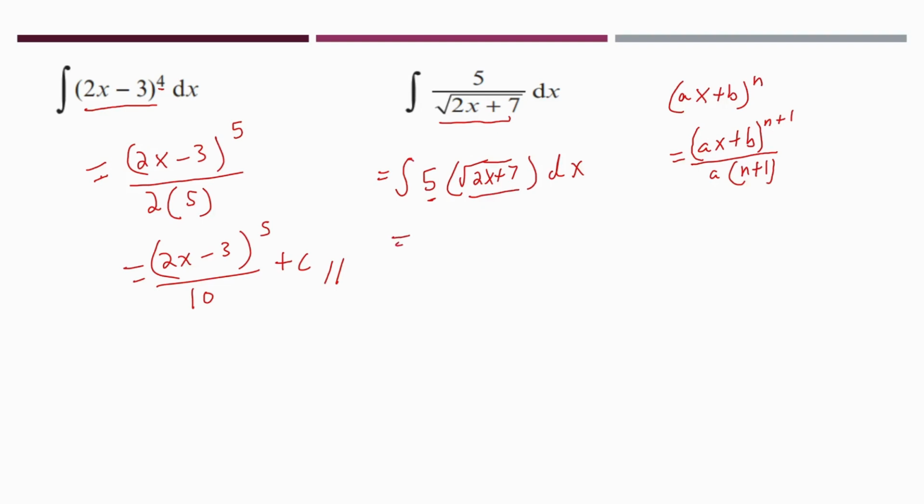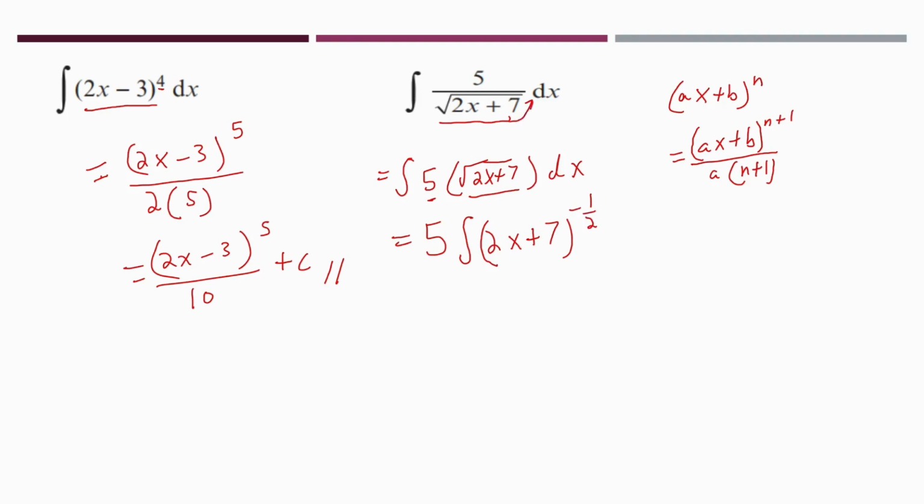Let me show you how. So 5 is outside and now you have to integrate 2x plus 7 raised to the power of, actually it's going to be minus 1 over 2 as it's coming up. Below it was 1 over 2.